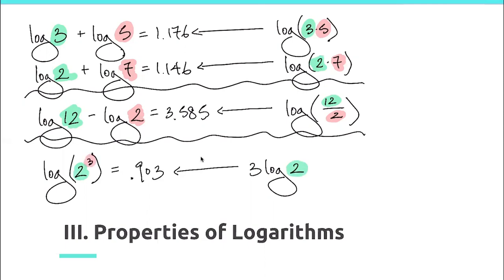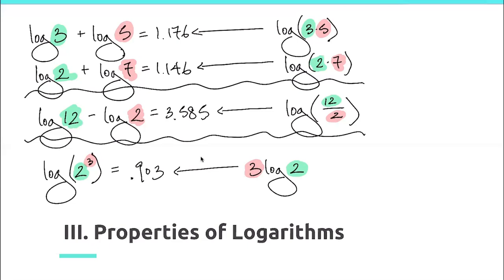So there are certain ways, and this is going to be true. I just picked some random numbers. You can pick your own numbers, and this is always going to be true. So this idea that if you are adding 2 logs, it will turn into the same thing as condensing it into 1 log and multiplying those 2 things. That's always going to be true.